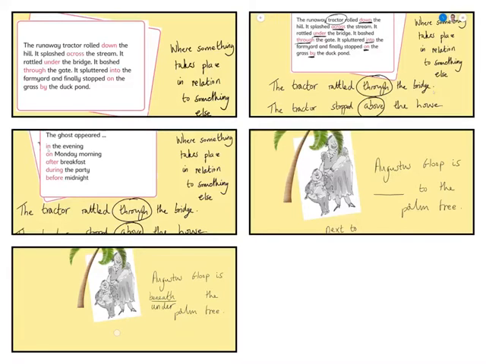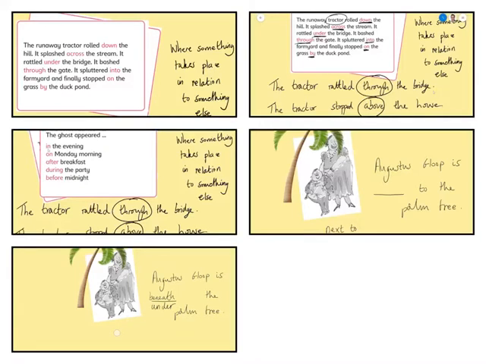So there's lots of prepositions in here, and they are telling us what the tractor did in relation to something else. These are fairly easy to spot, and I think, actually, if you're silly with your prepositions, then you can sometimes spot them a little bit easier.